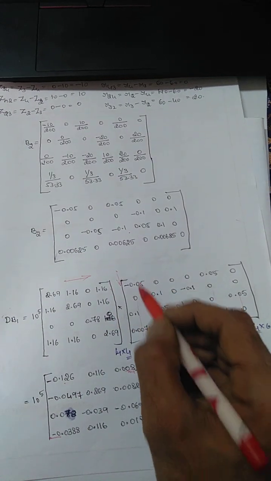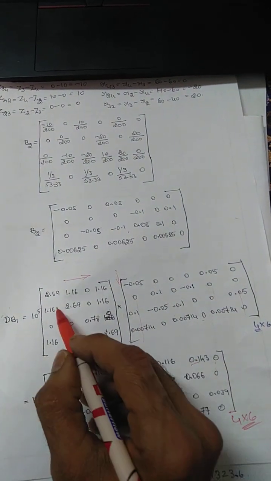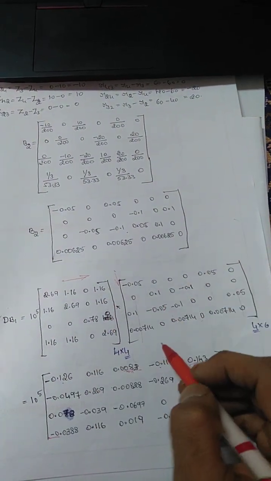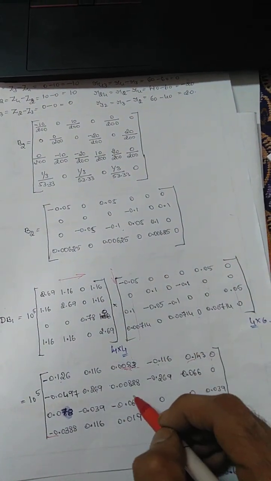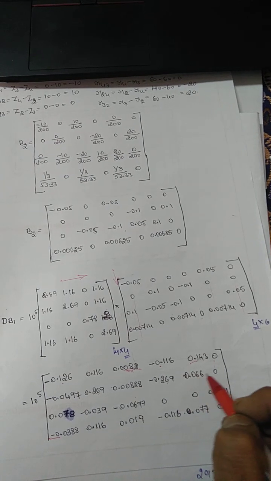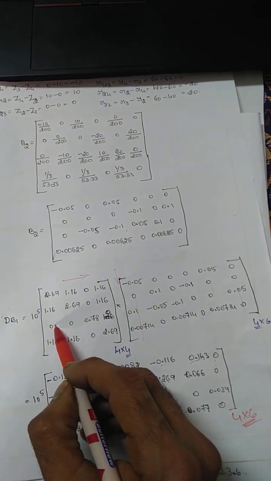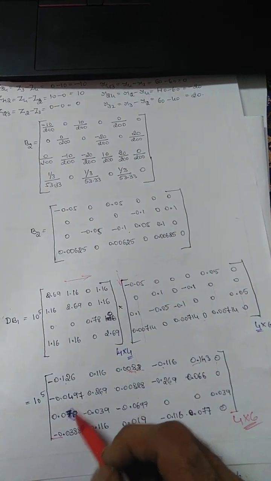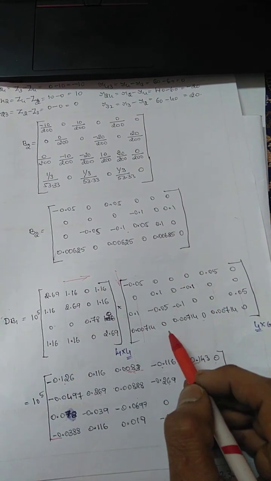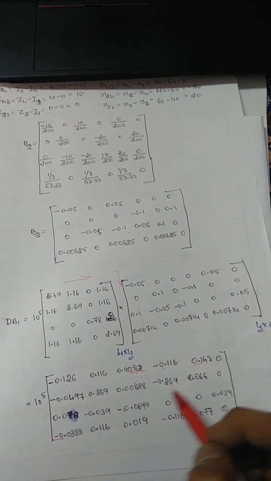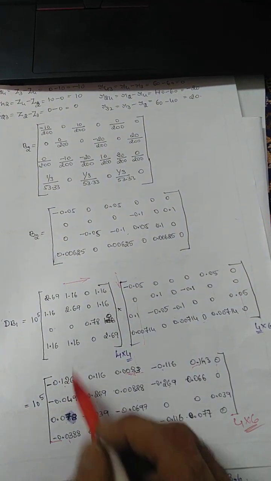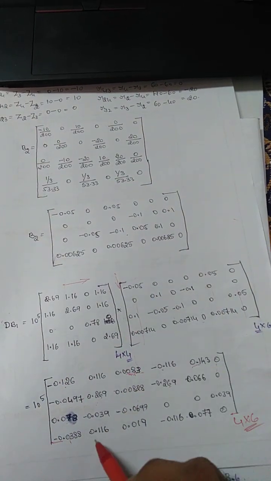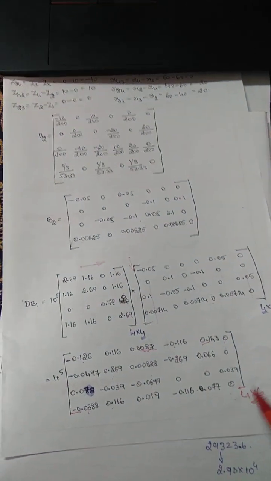Second row, first column, this value; second row, second column, this one; second row, third column, and similarly 4, 5, 6. Third row, first column, second column, like that. For the fourth row also the same: first column, this value; second column, this value. Similarly you have to carry out the rest.